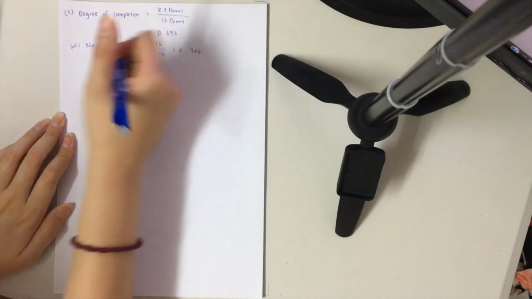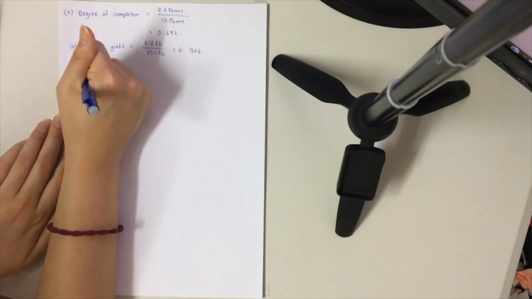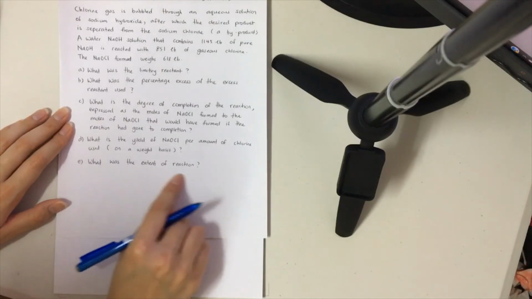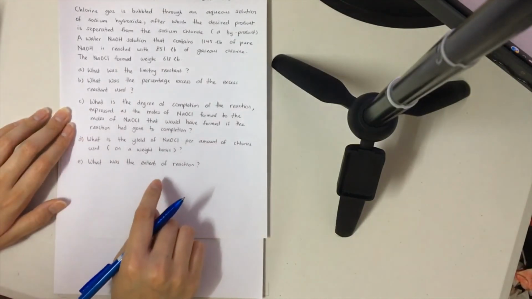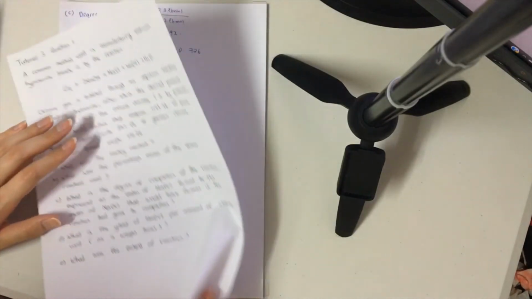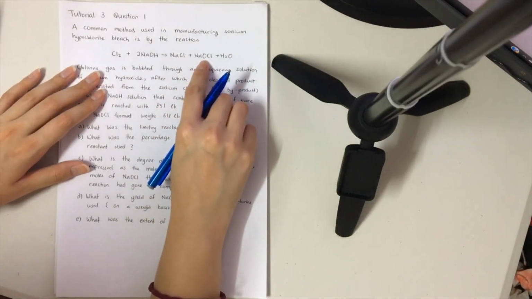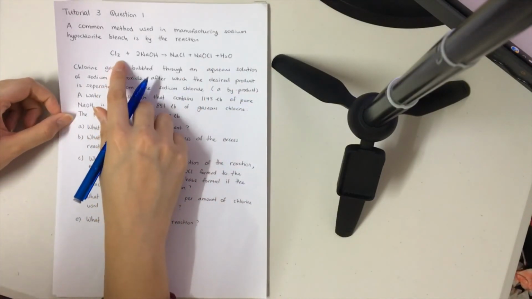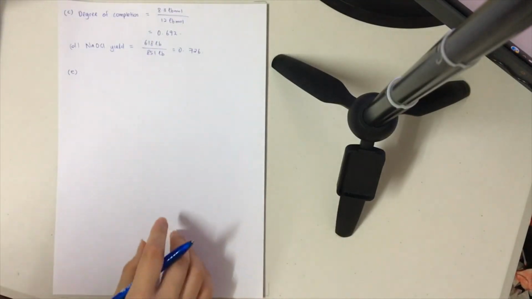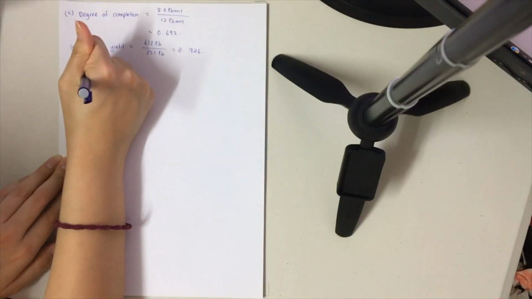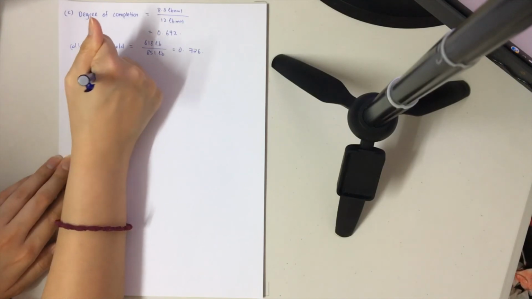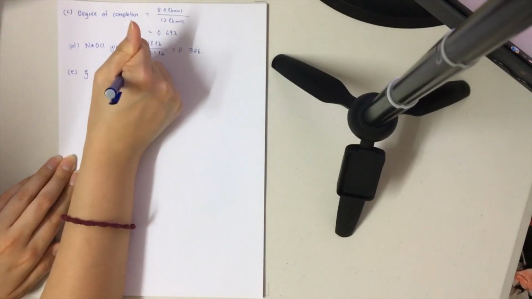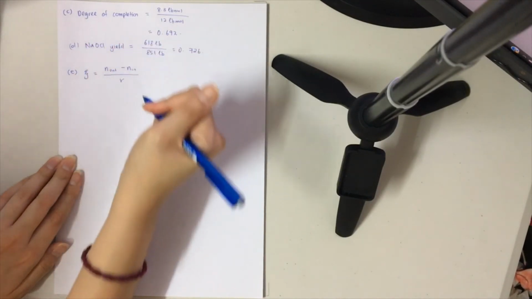Finally, for part E, what was the extent of reaction? For the extent of reaction, we have to look at the desired product, because only then do we know to what extent the reaction goes through. The extent of reaction, same formula: N out minus N in over its stoichiometric ratio.